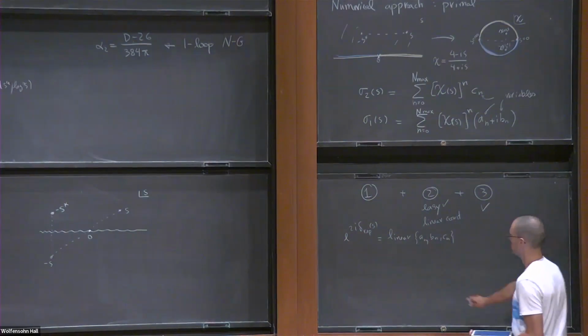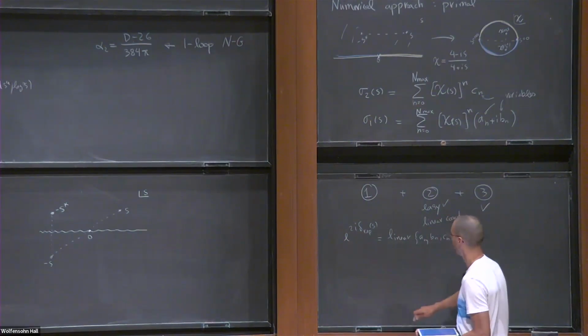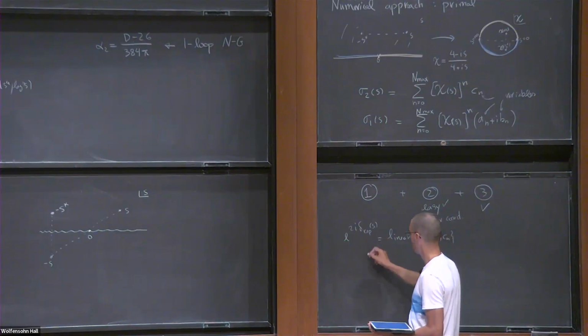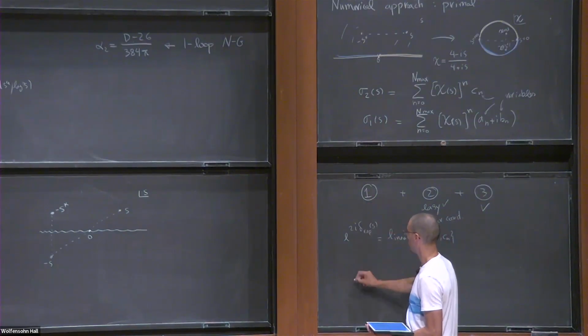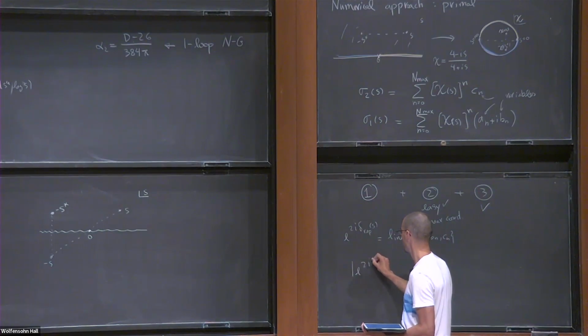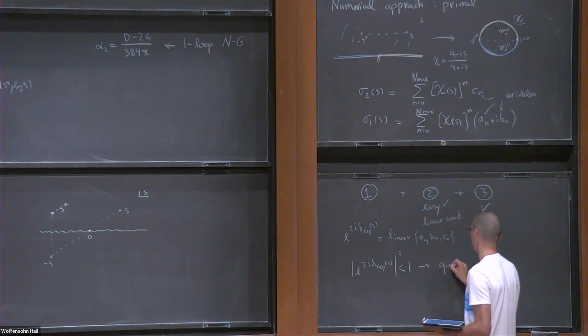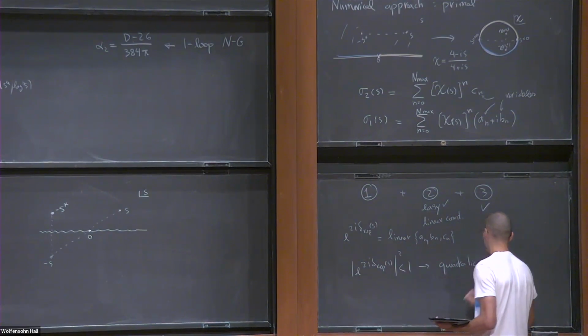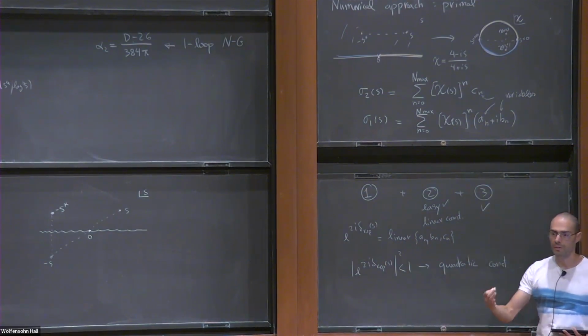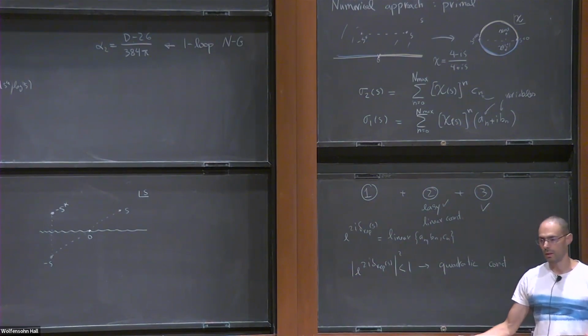So this is linear, therefore unitarity, the modulus less than 1, is just a set of quadratic constraints that can be very efficiently implemented in a computer.